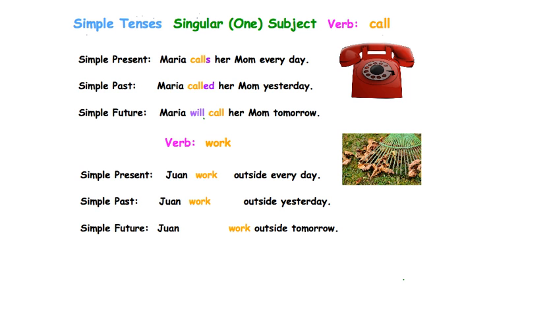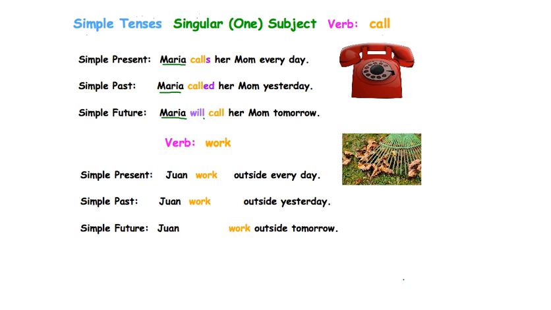In this case, in the present tense, we're going to look at the singular or one subject in the sentence. Maria is the singular or one person who is the subject of each of these sentences. So the verb must match not only the tense, but also the person.